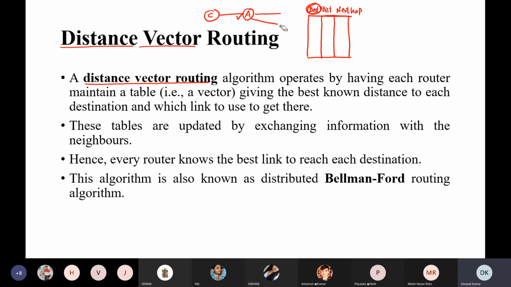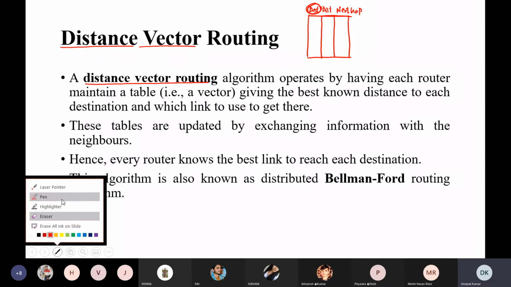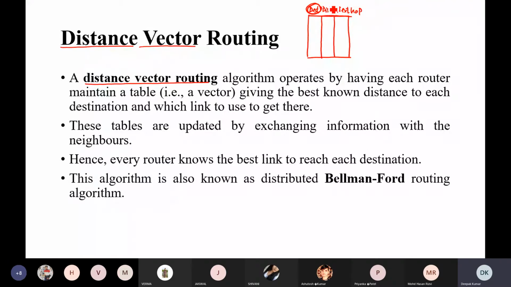Distance is the cost between adjacent nodes, and the next hop is a router which is in between the source and destination, meaning the path goes via this node.